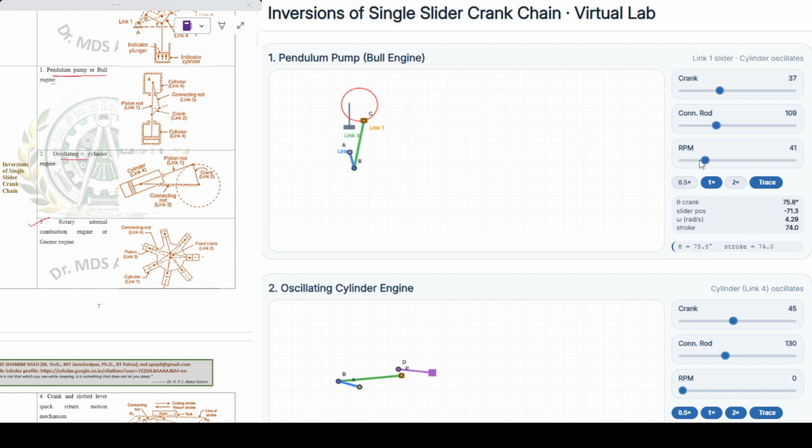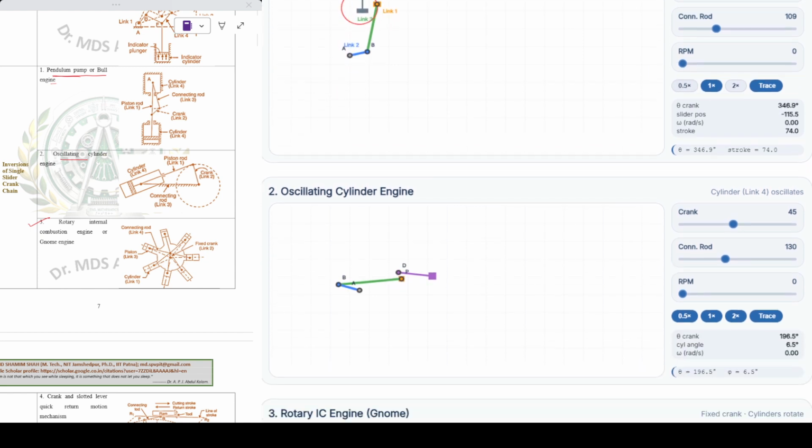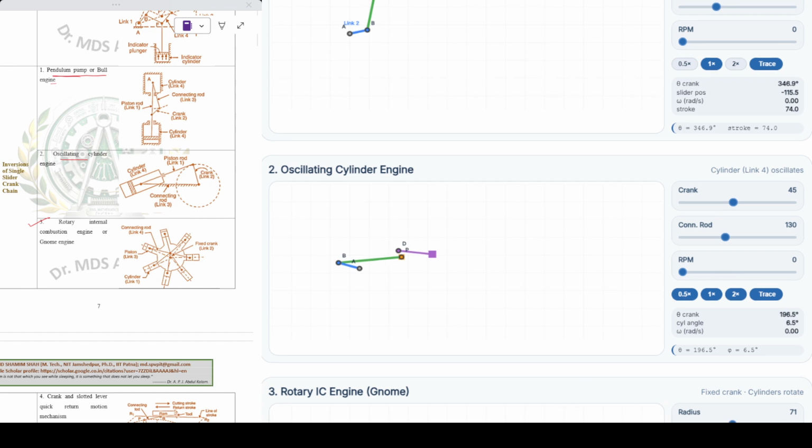Make it pause. Now I am going to discuss the oscillating cylinder engine in this case. See the crank length. I am activating trace. See the crank, make the RPM a little smaller.